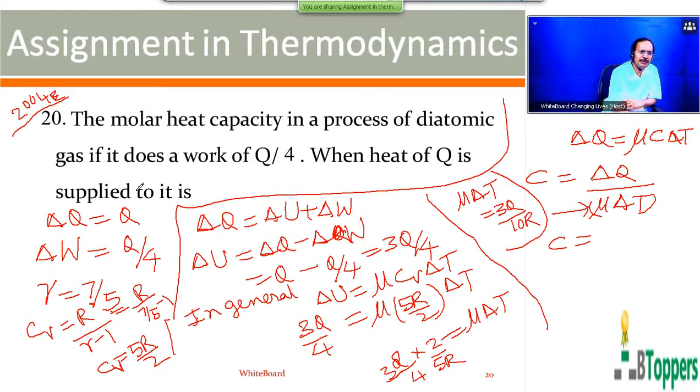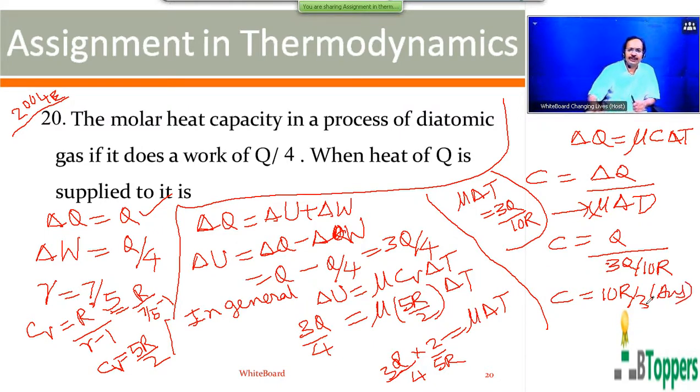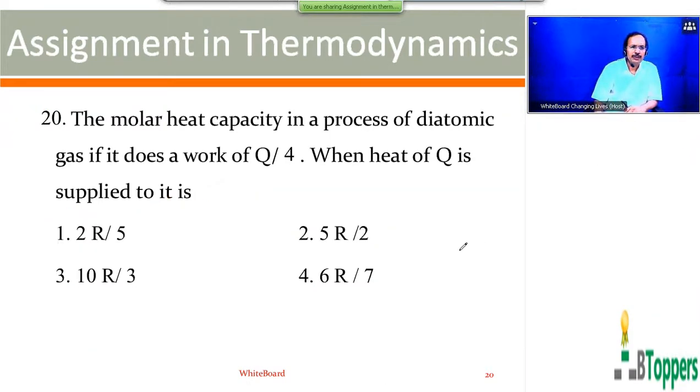So delta Q is equal to Q here, and nu delta T is 3Q by 10R. So the molar specific heat of the gas for the given process is 10R by 3. So the answer for this question is 10R by 3. If you want to copy the working, you can pause and copy it. So for question number 20, the third option will be the answer.